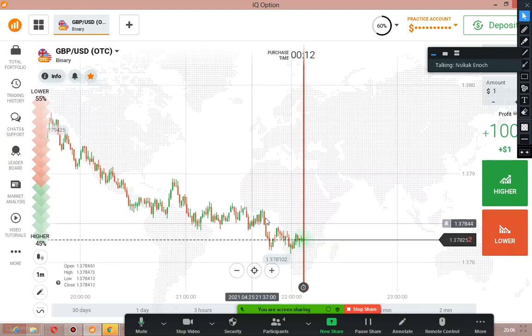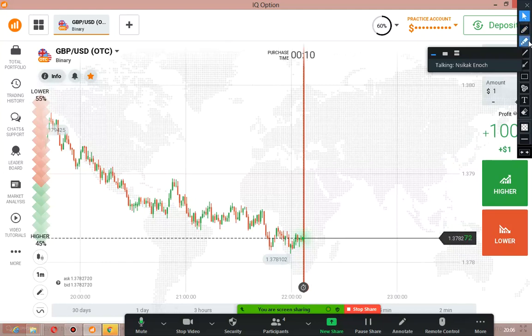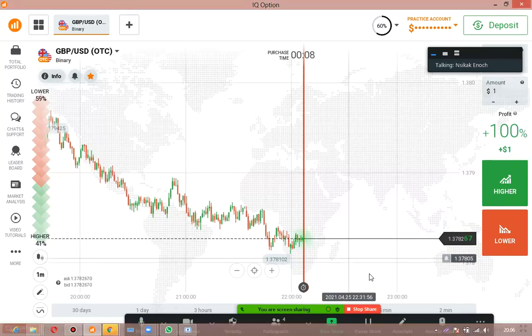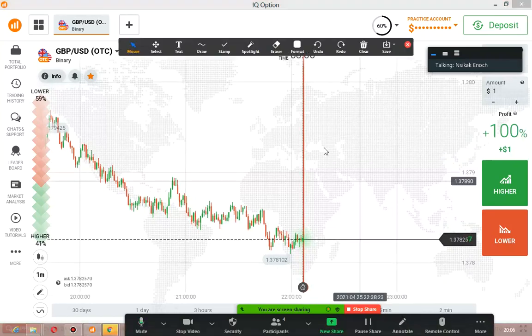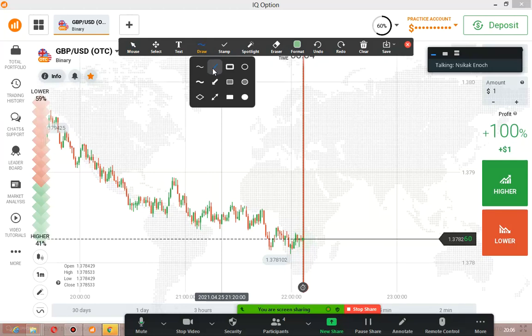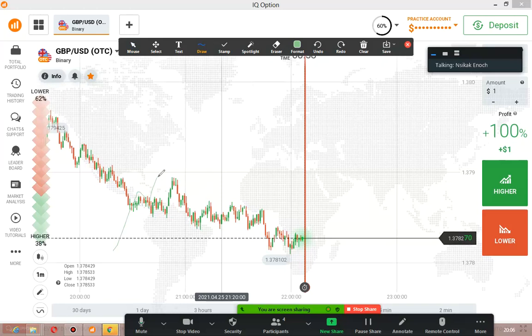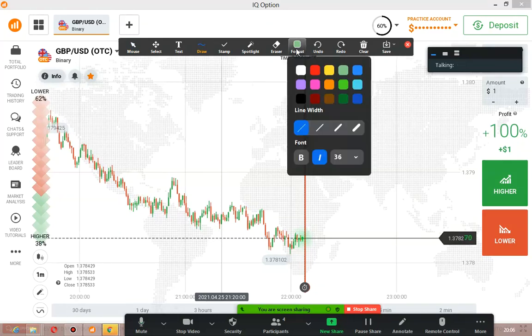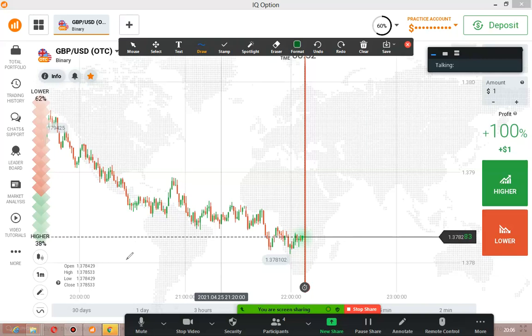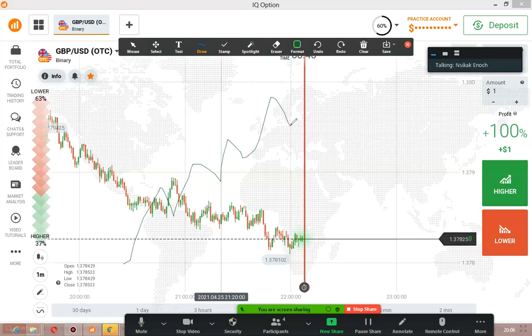If all this pattern, let's say a bullish candlestick now, a bullish trend is forming. You know what we mean by bullish trend? When market is moving up, this is what we call bullish trend.